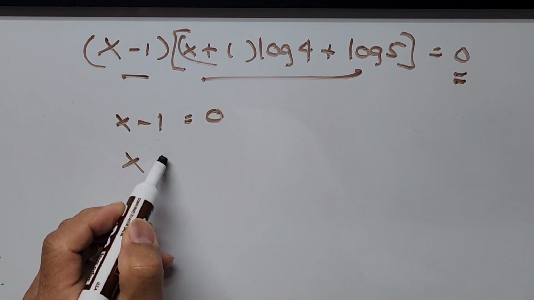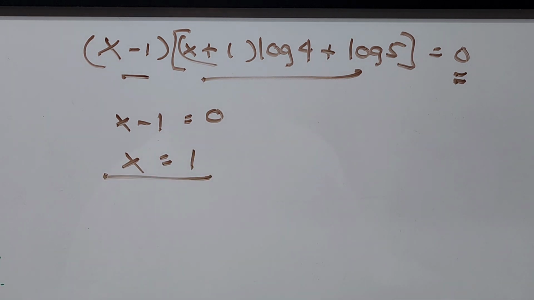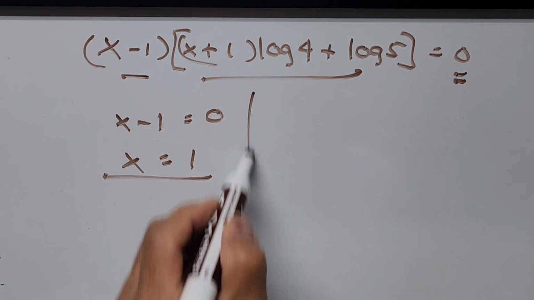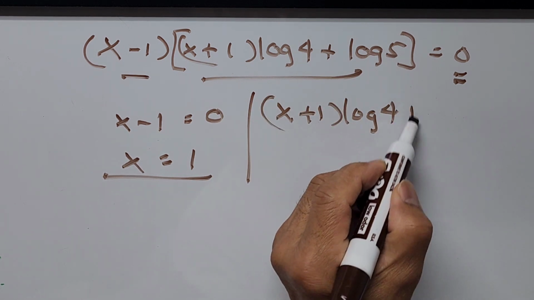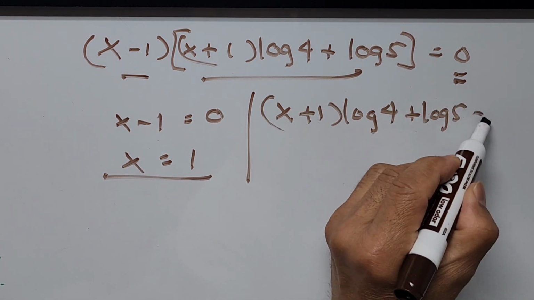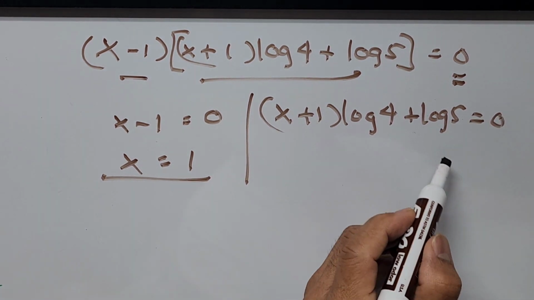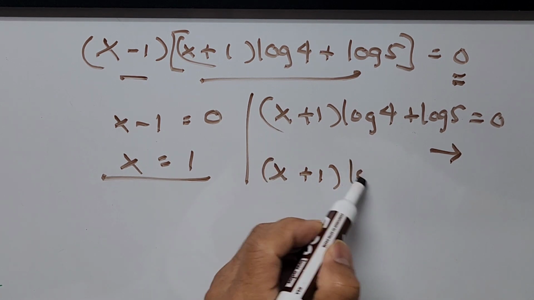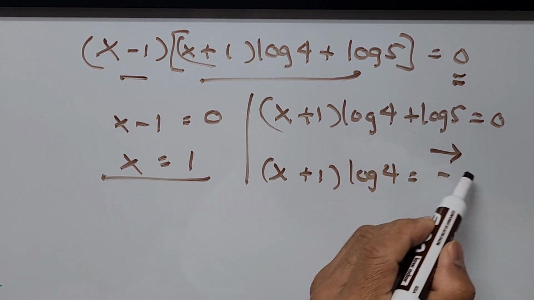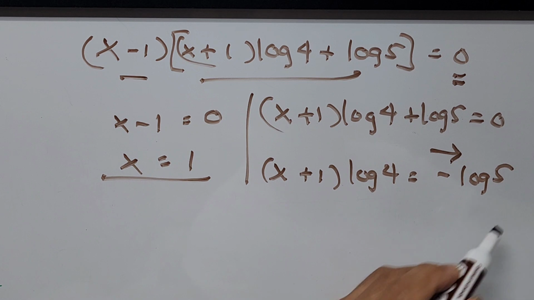So here x is equal to 1. The other one is x plus 1 times log 4 plus log 5 equals 0. Moving log 5 to the right, we have x plus 1 times log 4 equals negative log of 5.